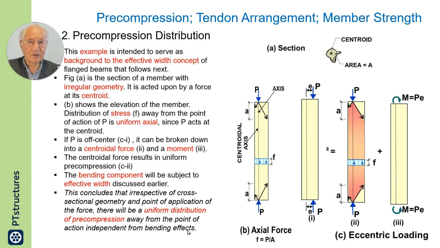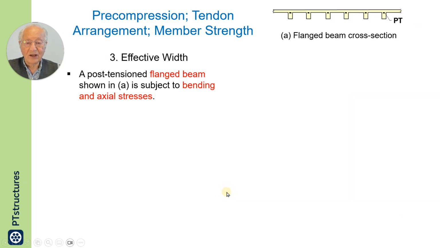When I say uniform, that is for the axial for the force at centroid, and then bending is to take account for the eccentric action of the force.